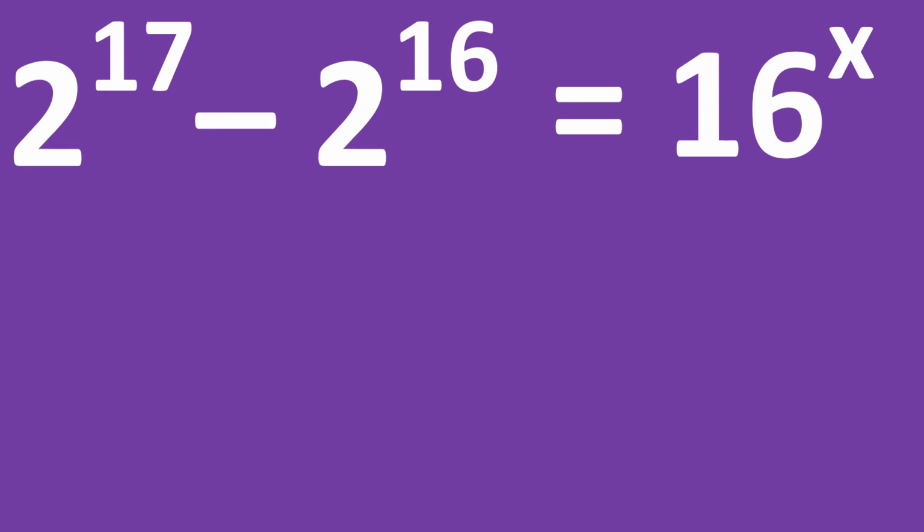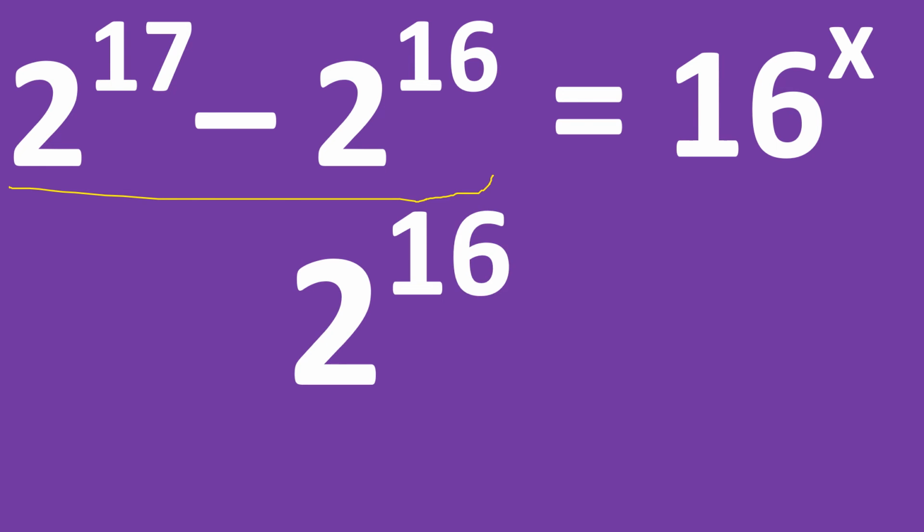Now, 2 raised to the power of 17 minus 2 raised to the power of 16 is equal to 16 raised to the power of x. And this is the question of the day. We have simplified the left-hand side and we obtain 2 raised to the power of 16.